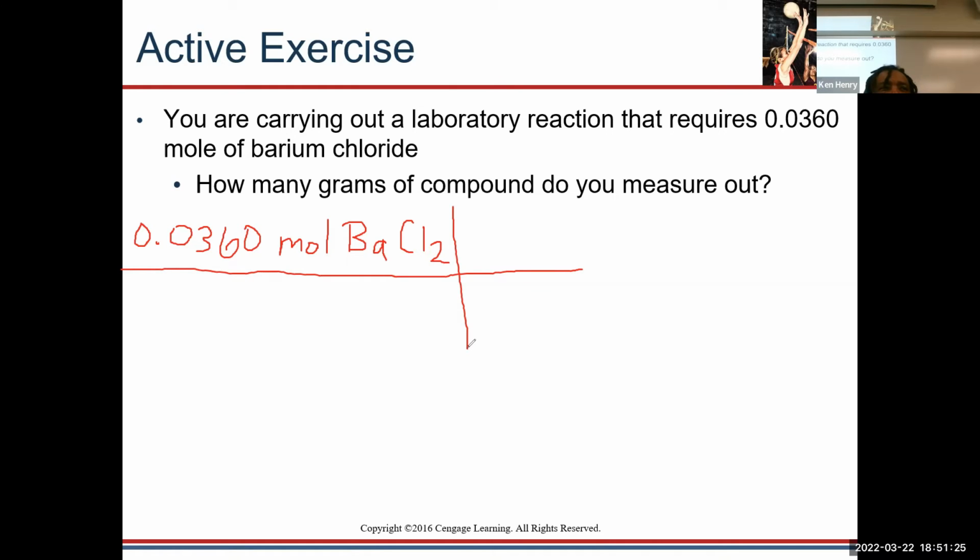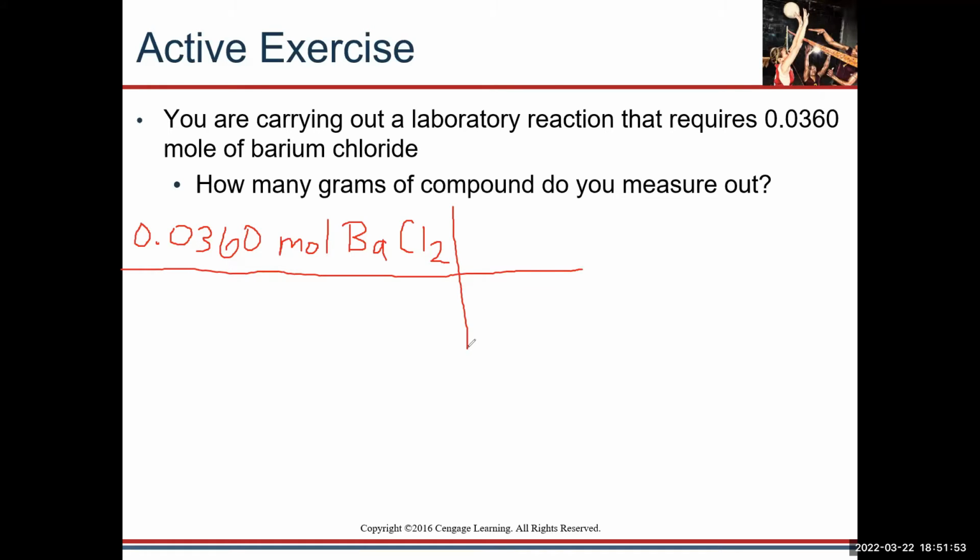So what do I need to calculate first? Because we're starting with moles, right? Do I want the quantity of them or do I want the mass of them? I want the mass. So what units do I need to get?